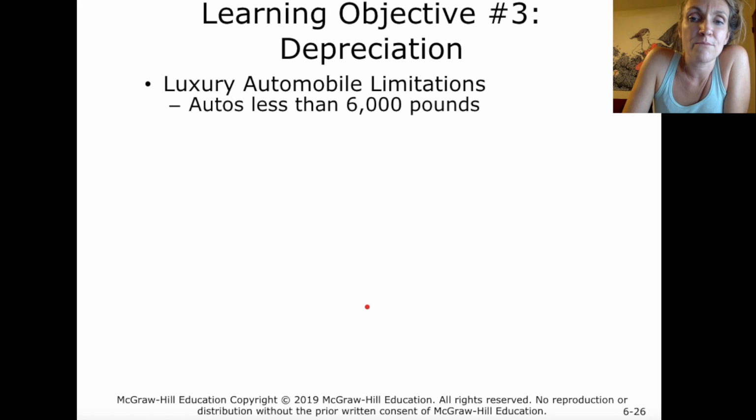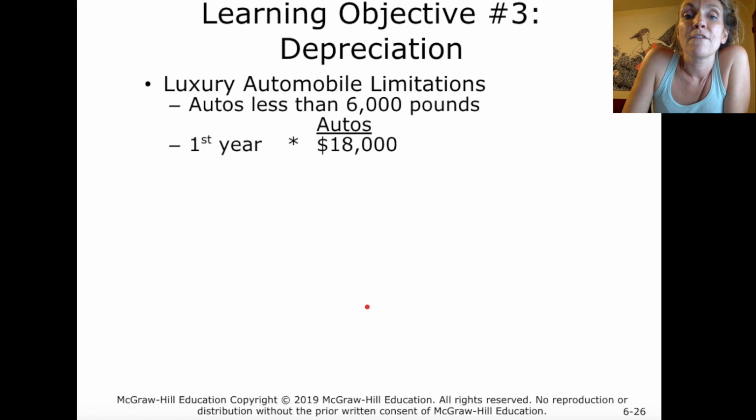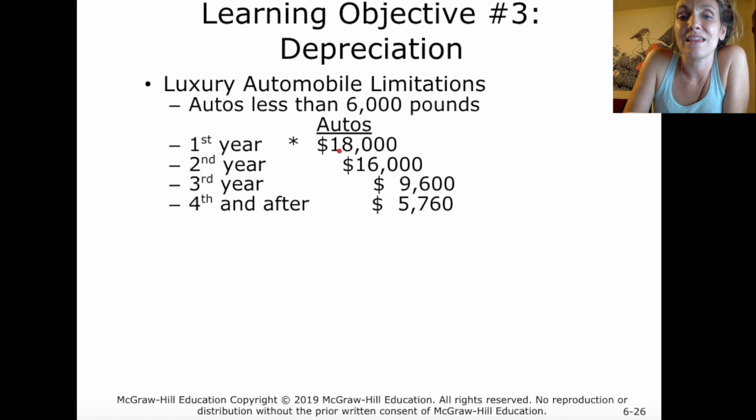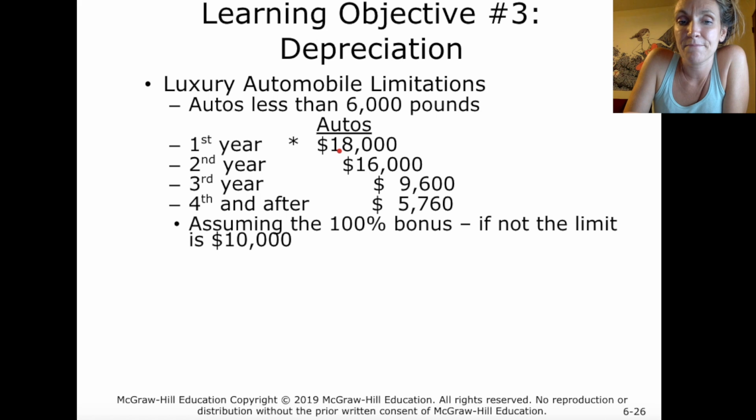Now, the luxury automobile limitations: autos less than 6,000 pounds, first year depreciation $18,000, second year $16,000, third year $9,600. So what they're saying is you follow the regular calculations, but this is the maximum amount allowed to be deducted in that year of depreciation, assuming the 100% bonus is used.